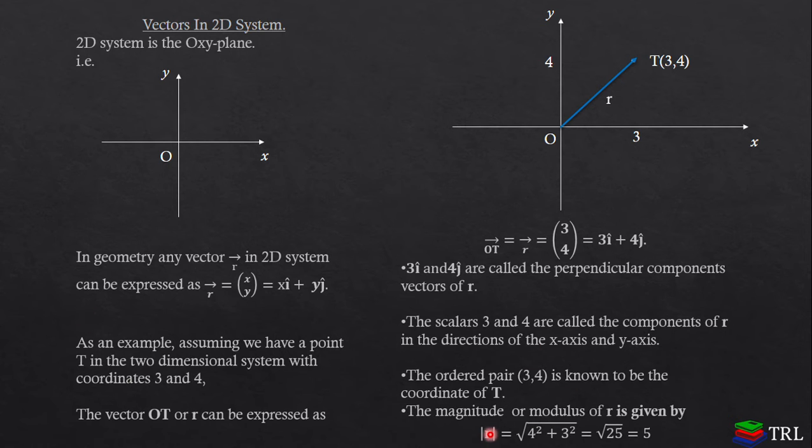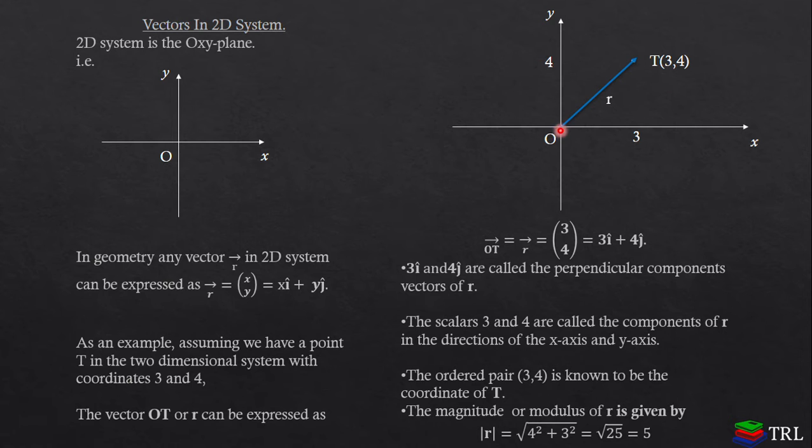Now we know from elementary mathematics that the magnitude of a vector is given as the square root of open bracket x2 minus x1 all squared plus y2 minus y1 all squared. So in this case, x1 and y1 are 0, 0.